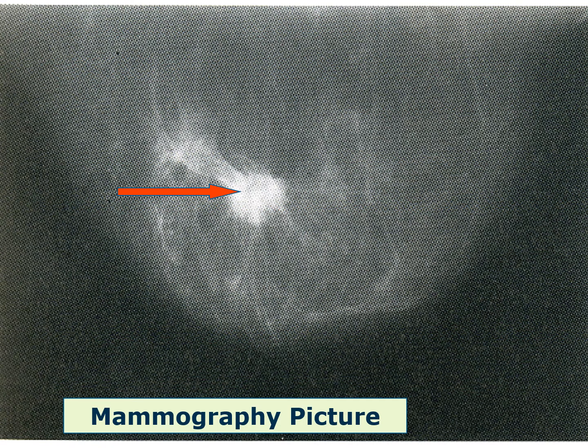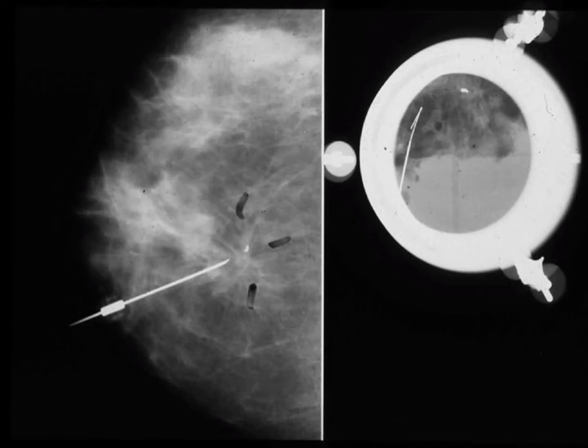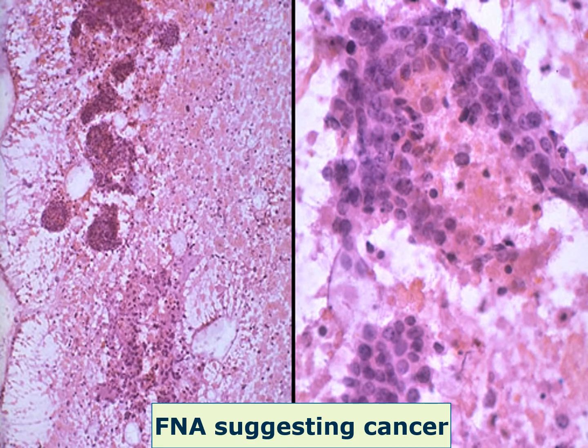This mammogram demonstrates a mass lesion that was a carcinoma on FNA cytologic examination. This is a FNA cytology. On the left, at low magnification, discohesive cluster of cells are seen.